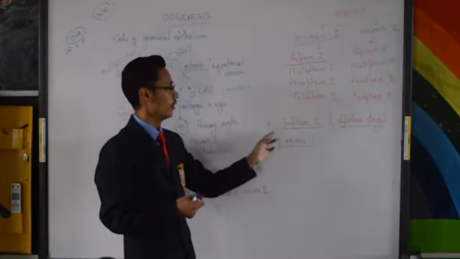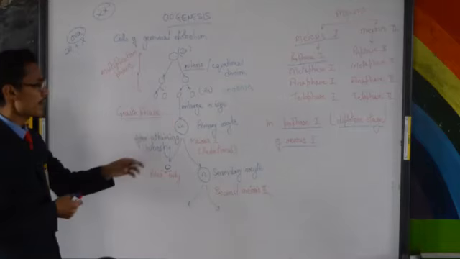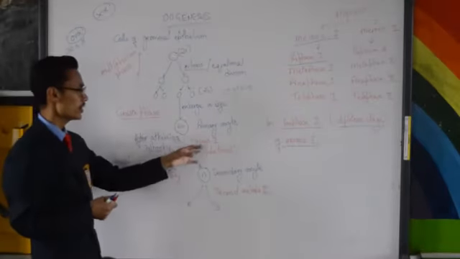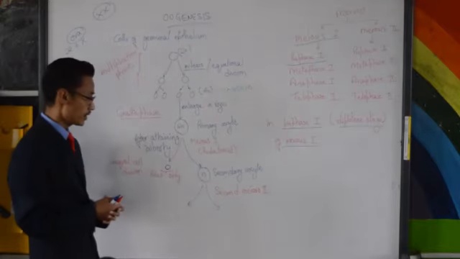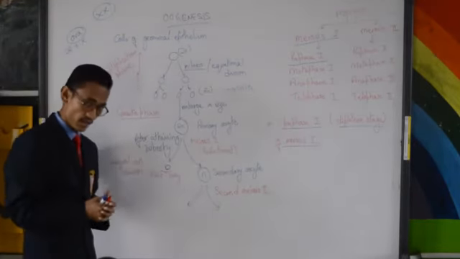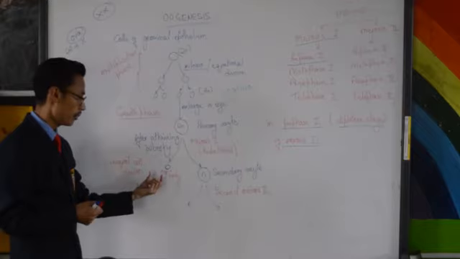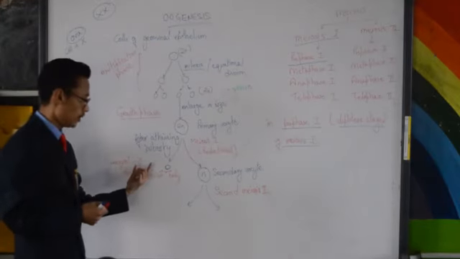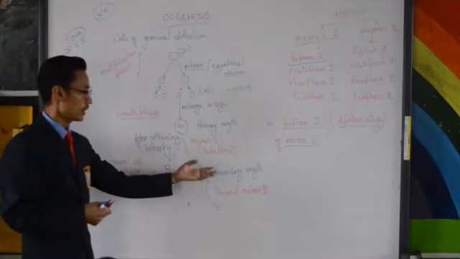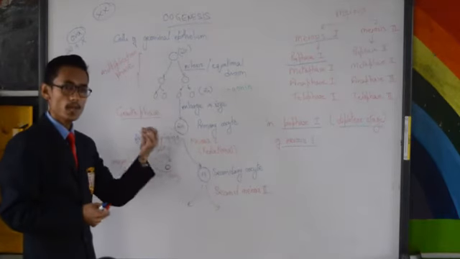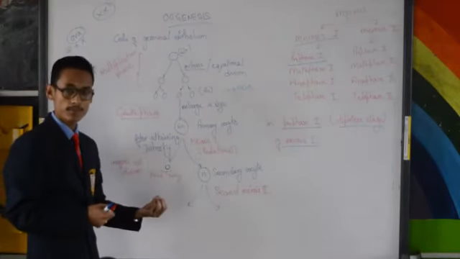Only after attaining puberty, the primary oocyte will complete its first meiotic cell division or reductional division, leading to the formation of the secondary oocyte and a tiny smaller body called the polar body. Remember, there will be unequal division of cytoplasm. Clear? So the secondary oocyte will retain the maximum amount of cytoplasmic part.